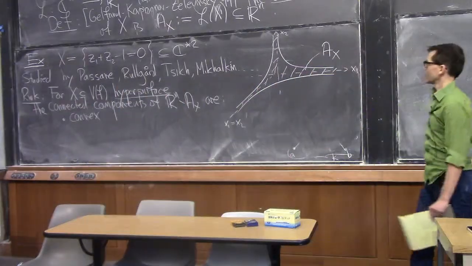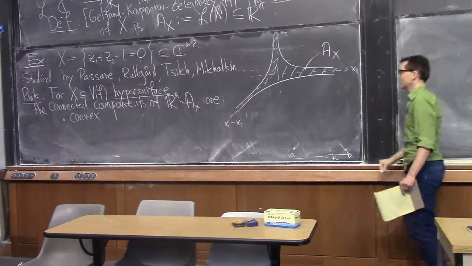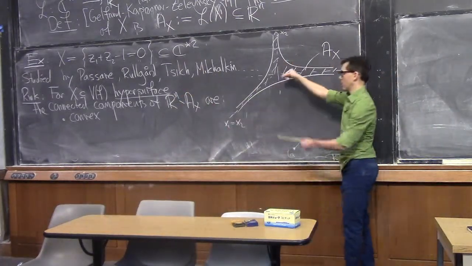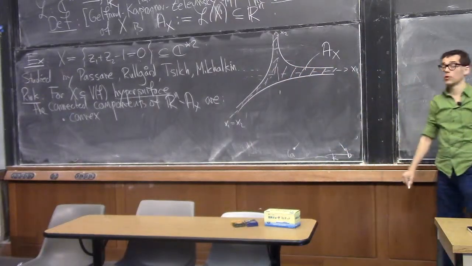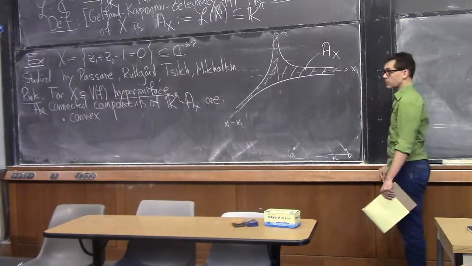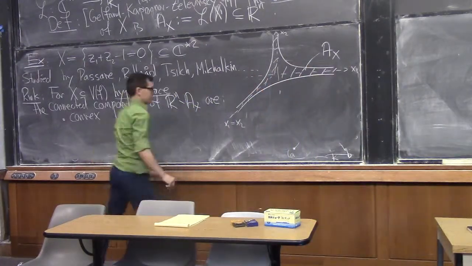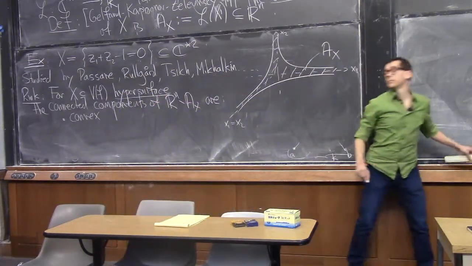In this case they'll look convex, but it's something I have to prove. There are usually a bunch of unbounded ones that are related to the Newton polygon.